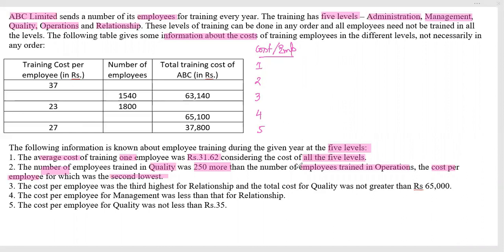So the cost per employee for which was the second lowest, that is the operation department. And the number of employees trained in quality was 250 more than the number of employees trained in operation. Okay.